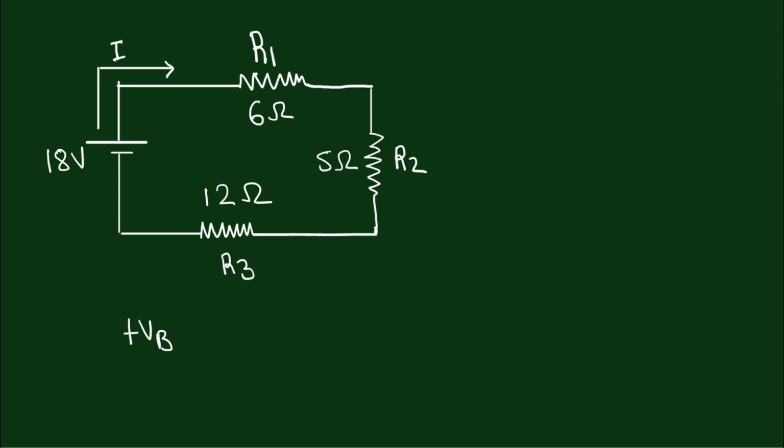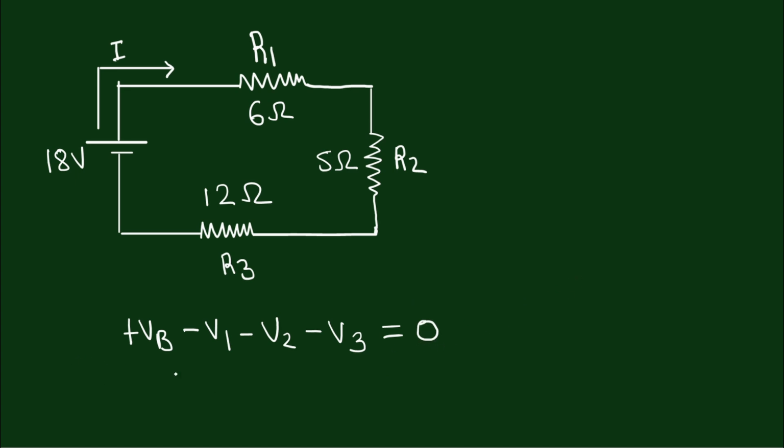Then we have a resistor which is 6 ohms, and the voltage across this will be negative since it is a resistor. So we will have minus V1, and voltage across this resistor will be minus V2, and voltage across this resistor will be minus V3. And according to this law, the sum should be 0.